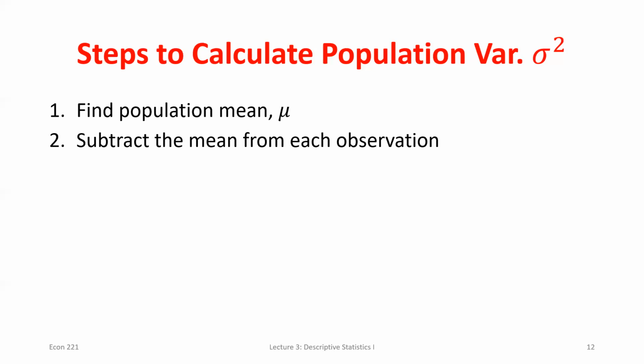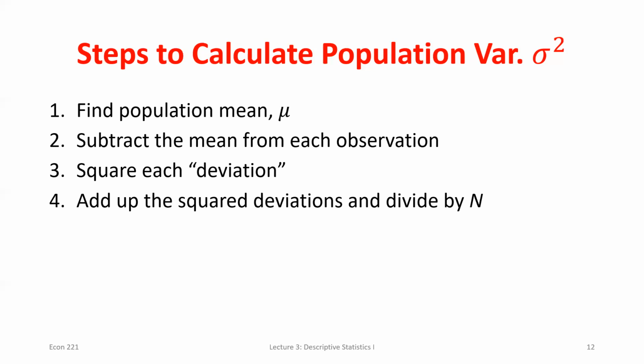Then for every observation, subtract the mean from that observation's value for the x variable you're calculating the variance for. Take each one of those deviations from the mean and square them. Write those numbers down, add up all those squared deviations, and then divide by n if it's a population data set, and n-1 if it's sample data. Okay. We'll walk through some examples here in a second.